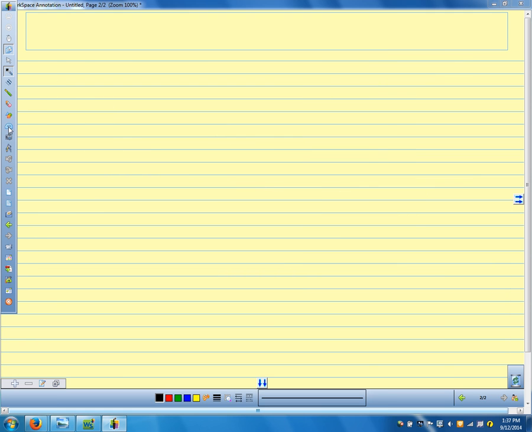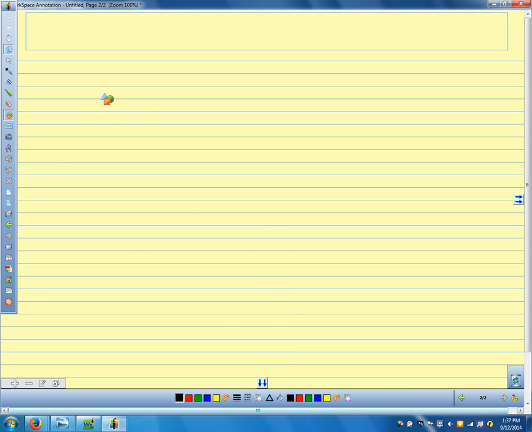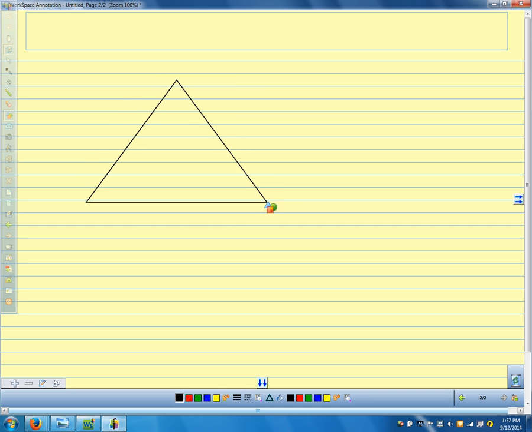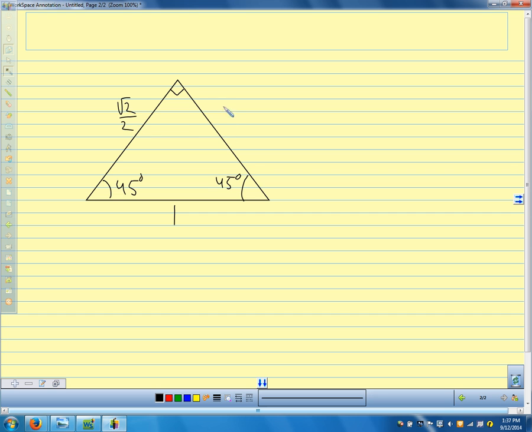So here is my 45, 45, 90 triangle. And those are my 45-degree angles. And if this hypotenuse is 1, each of those sides turns out to be square root of 2 over 2.